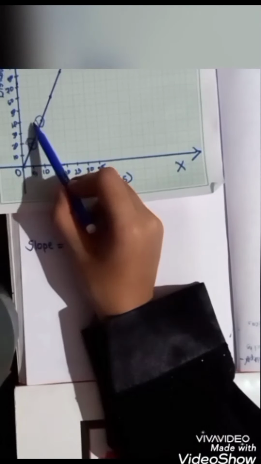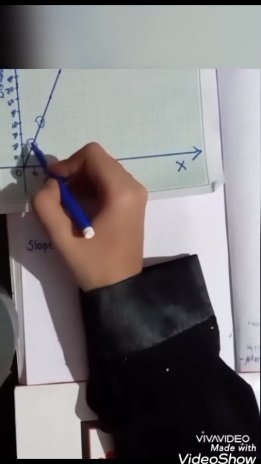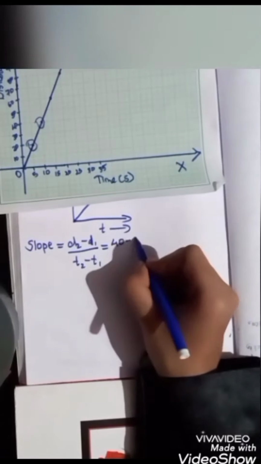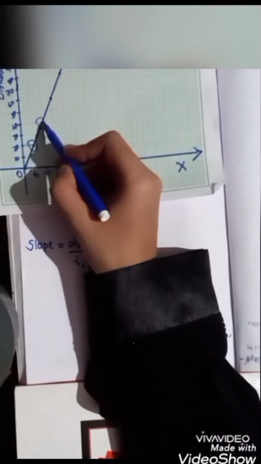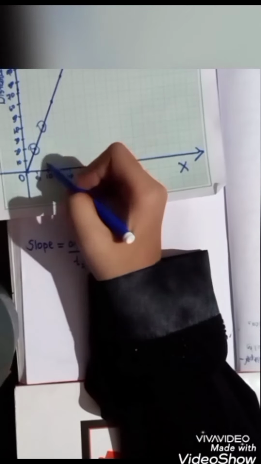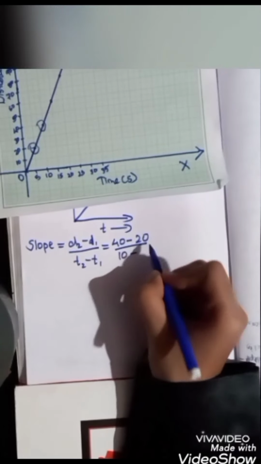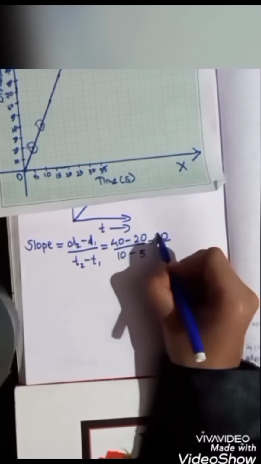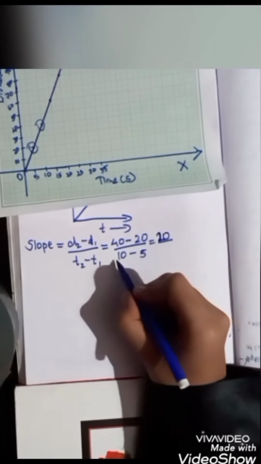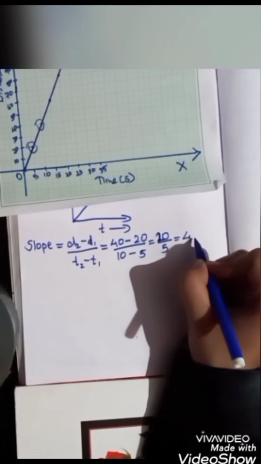Here the distance is 40 meter at 10 seconds and 20 meter at 5 seconds. So 40 minus 20 by 10 minus 5, that is 20 by 5, which is 4.